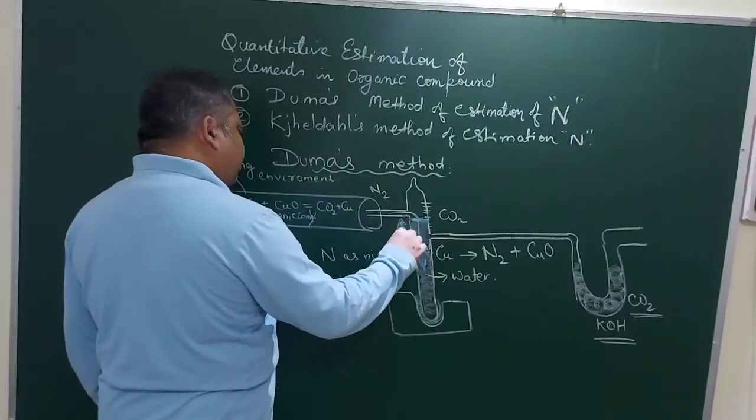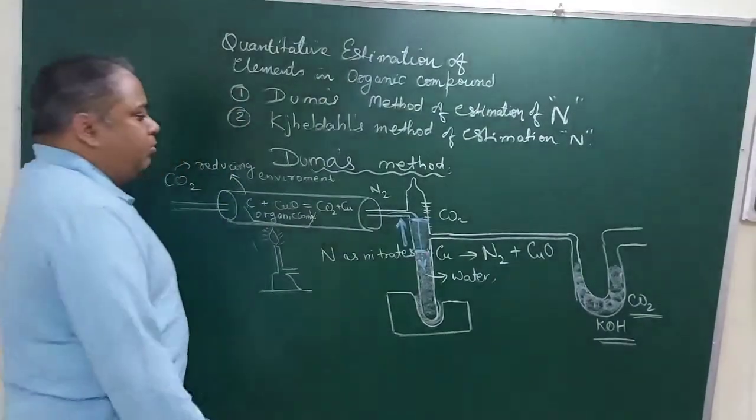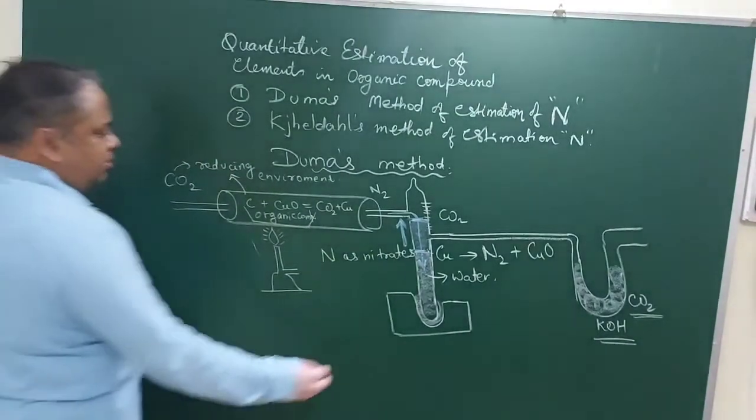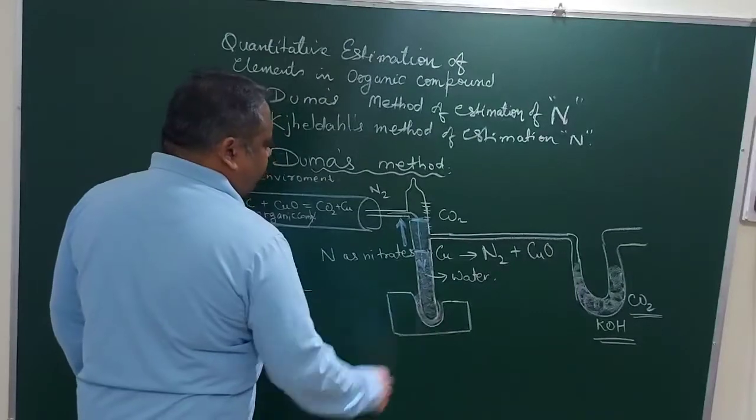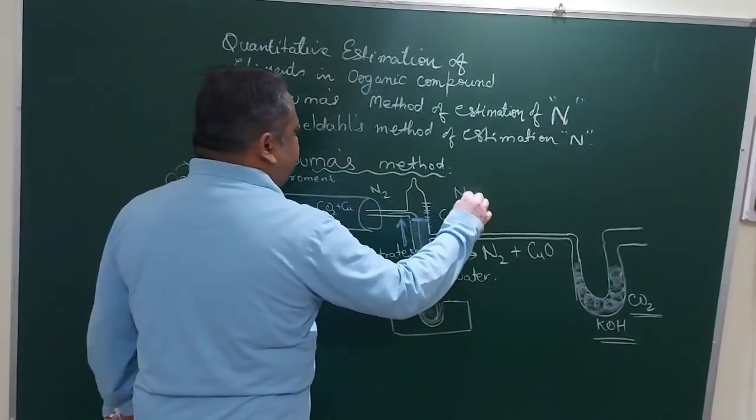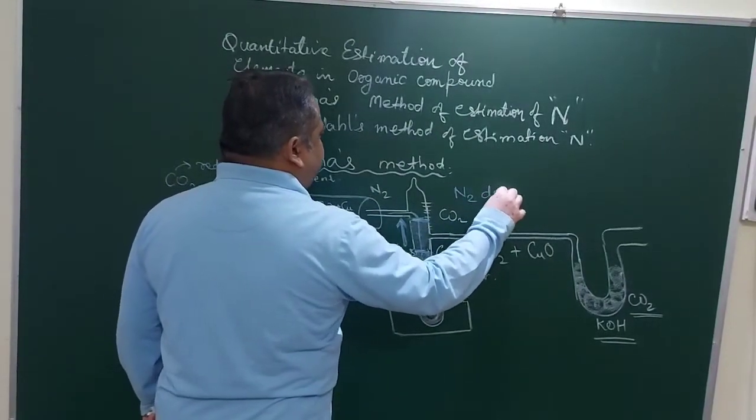So whatever volume of the water rises, that is the volume of nitrogen gas which is absorbed in the water. Also keep in mind that N2 does not react with water.